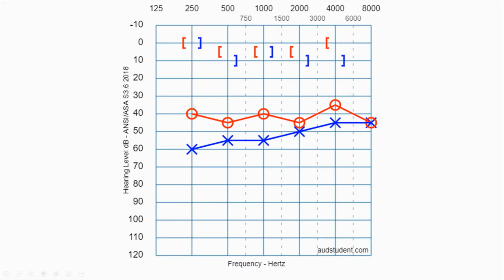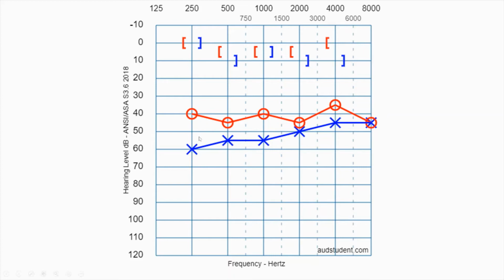So we've got 5, 10, 15, 20, 25, 30, 35, 40 whole decibels of a difference between our bone conduction and air conduction. That definitely has an air-bone gap.